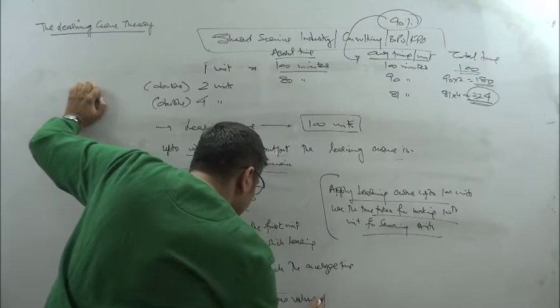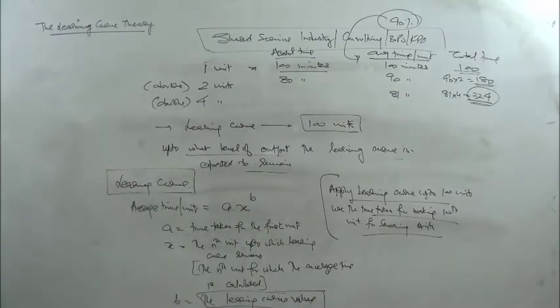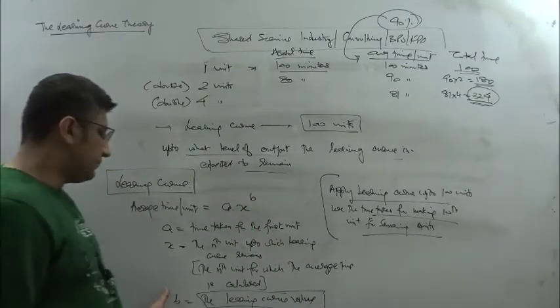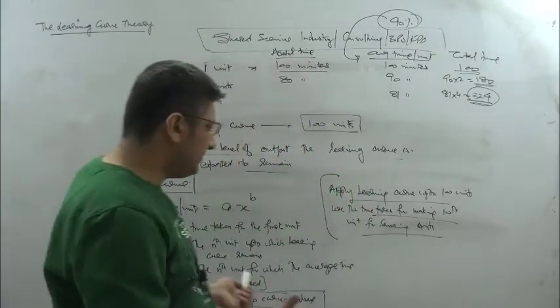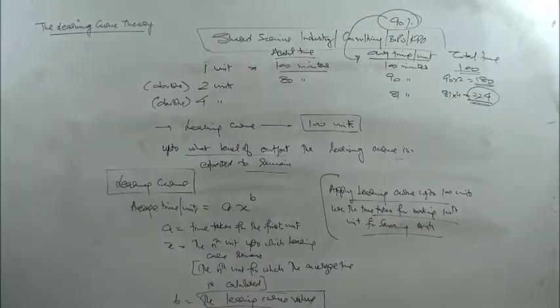Okay, right? So we have again some statistical measures, a mathematical approach to calculate the learning curve. We make use of the log tables to do that. As of now, I wouldn't want you to worry about the log table thing here.